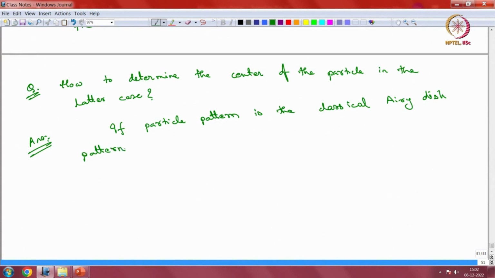So, if you are not familiar with it, then you can just look it up. It does not have to be 2D, it can be 3D Gaussian also, and then a Gaussian curve can be a good fit.